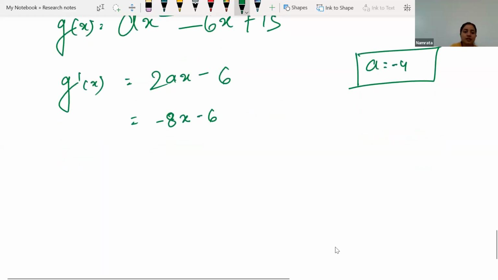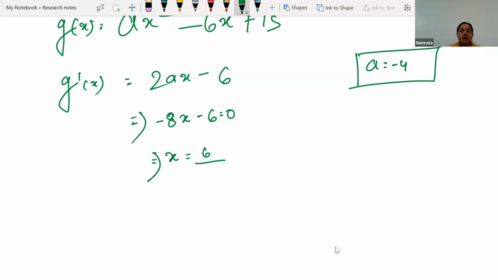Now let's find the x value from here to get the critical point. If we compare it with 0, the critical point will be 6 by −8, 2 threes are 6, 2 fours are 8. So −3/4 is the critical point for the other function g(x).